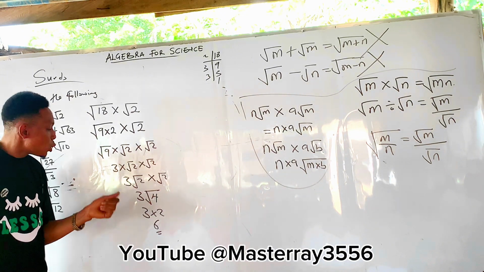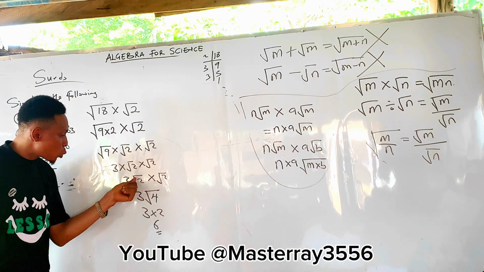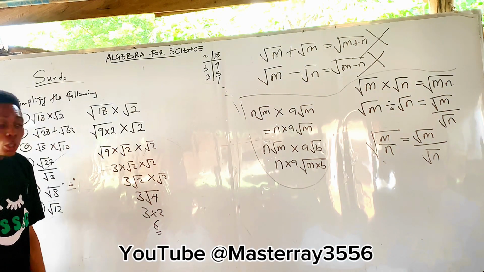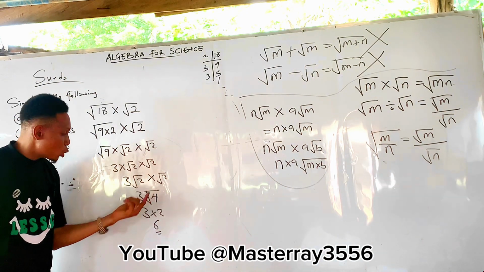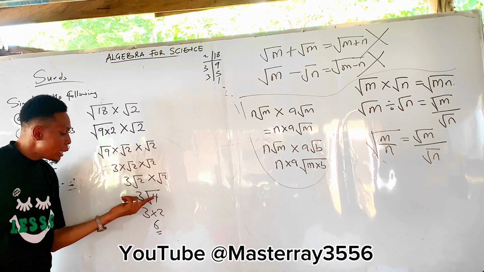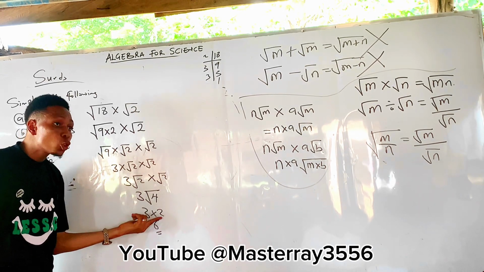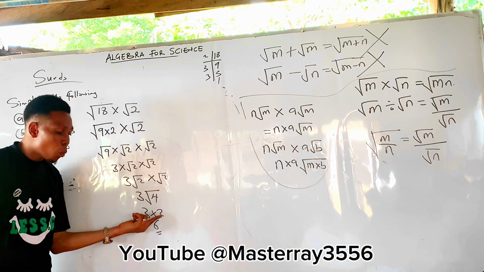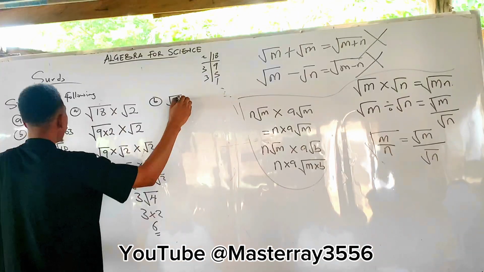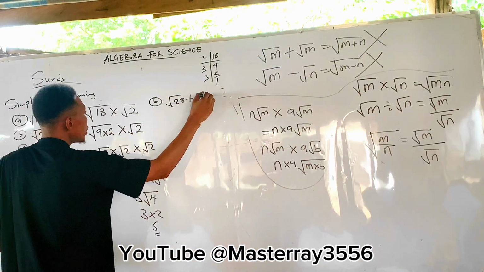So this is 3, then root 2. This time around, root can multiply root. So we have root 4. So 3 times root 4. Square root of 4 is 2. Then 3 times 2 gives you 6.